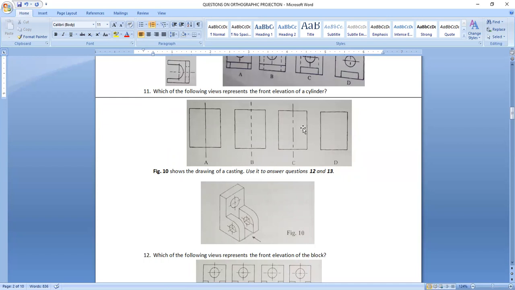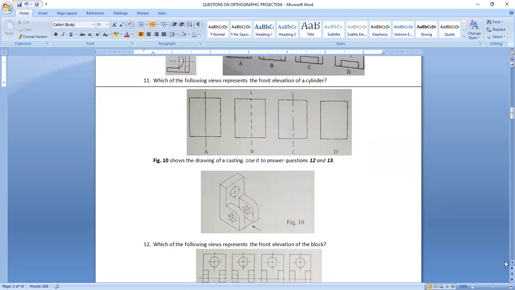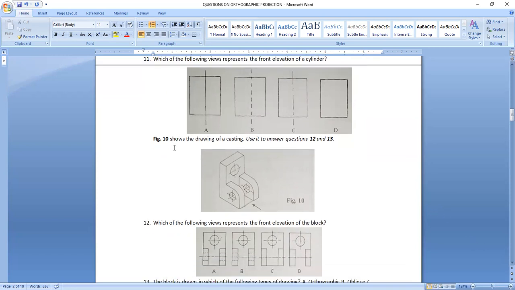But if you are to draw the front elevation of a cylinder, you must draw a center line, which is drawn with a long chain line, as we have here. So option C is the correct front elevation of a cylinder. So please, let's take note of that.